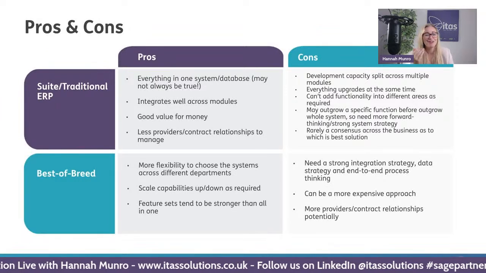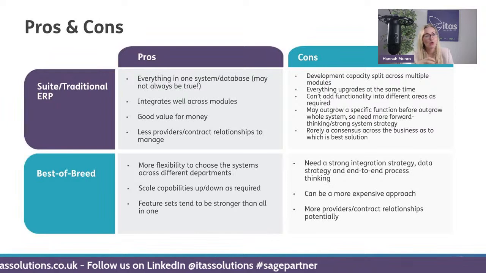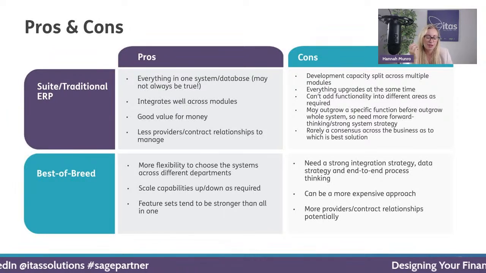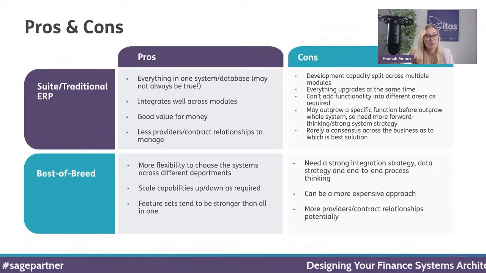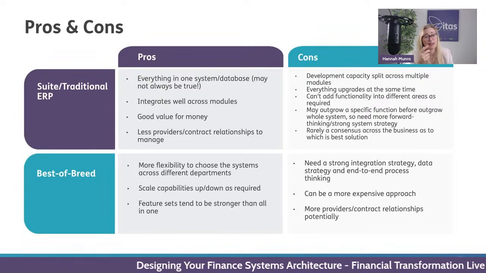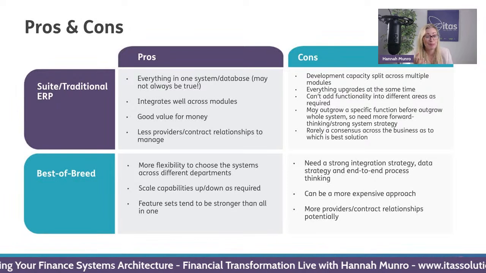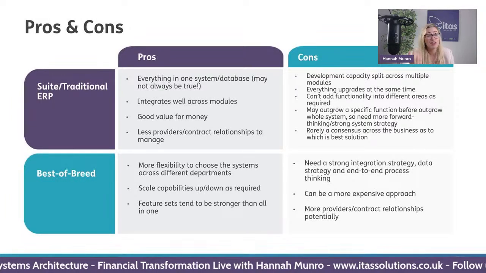So flip side, best of breed. Just to recap, that is where you have a core finance system, but then you choose the functional capabilities and modules that you want to work with. And the big benefit is that you have more flexibility to up and down the capabilities within different departments. So things like CRM.